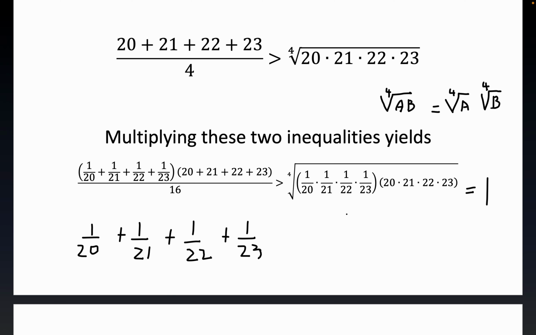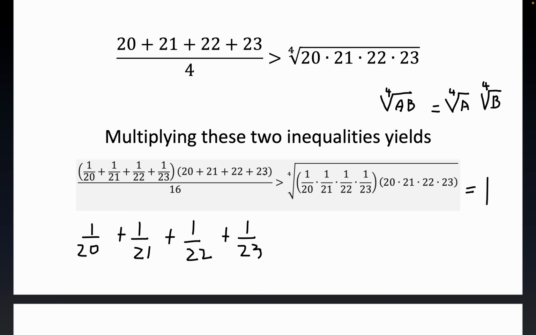Now, we have this written down now. The sum of these numbers, 20 plus 21 is 41. 41 plus 22 is 63, and then 63 plus 23 is 86.